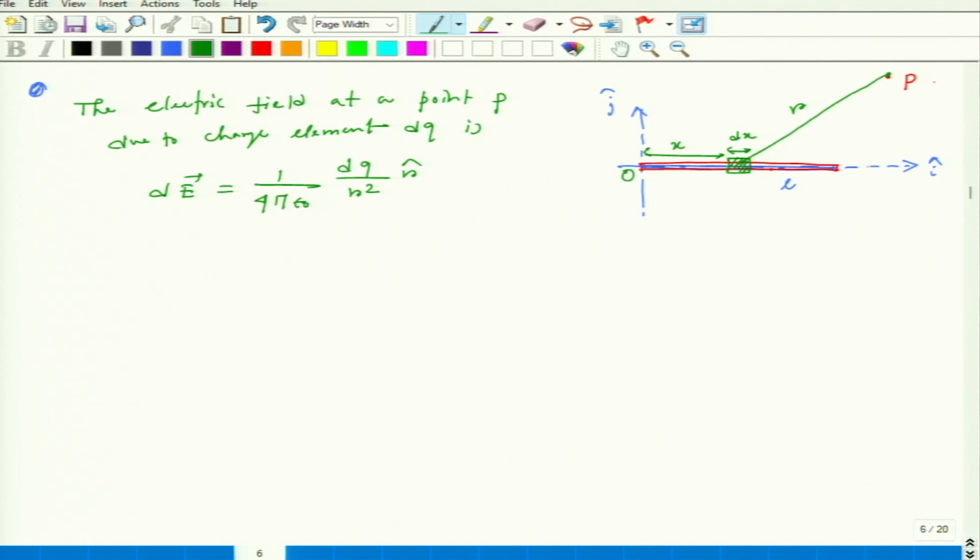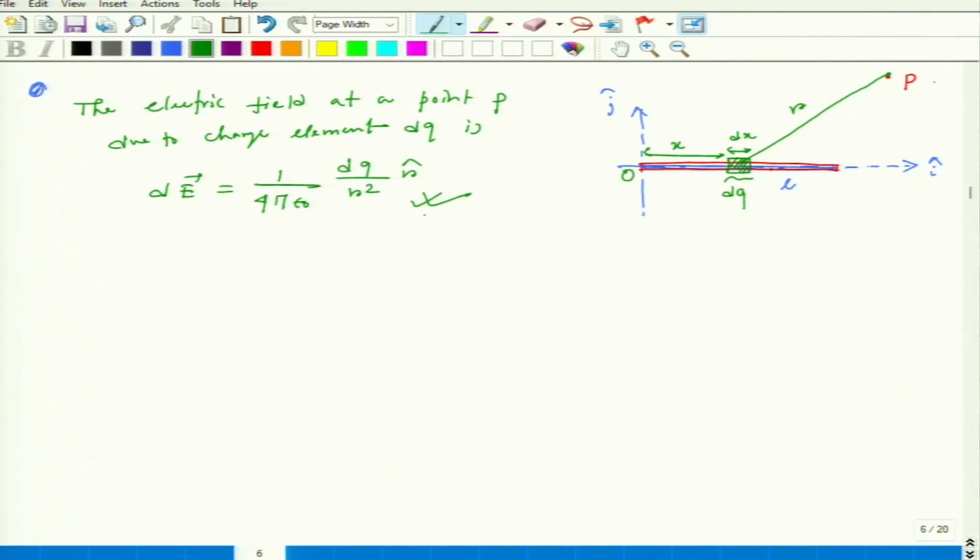This dq can be any part of the length. Consider this portion is dq, the charge of this small element, at any distance x, and the distance from this element to the point P is r. The electric field due to each charge element becomes this.